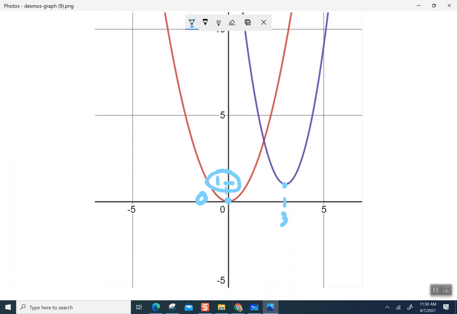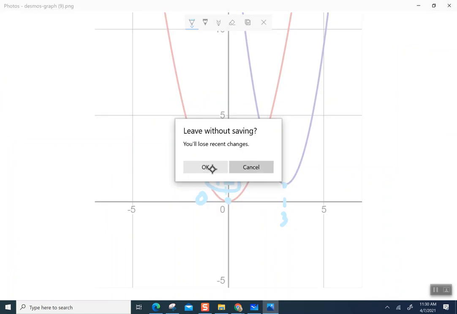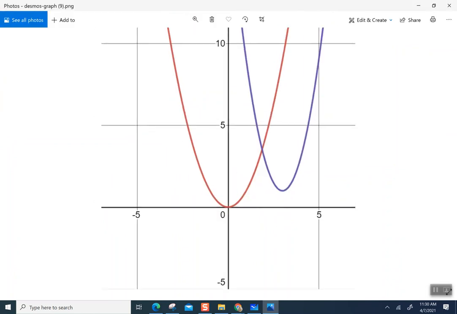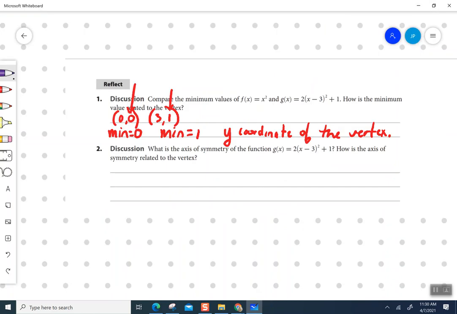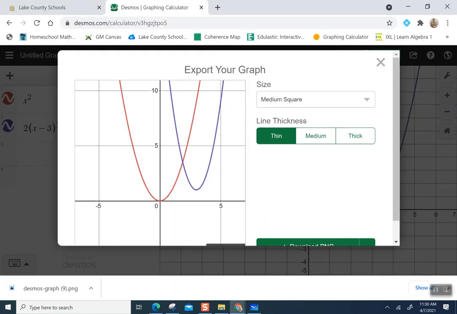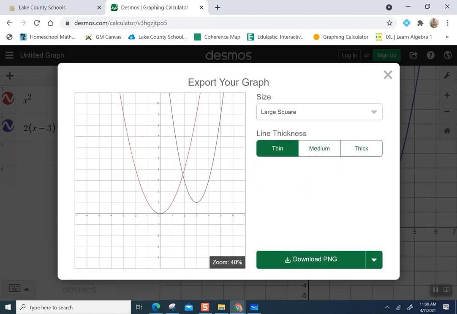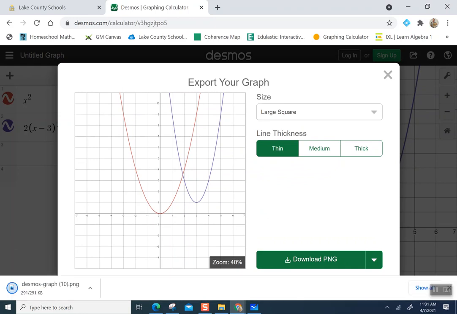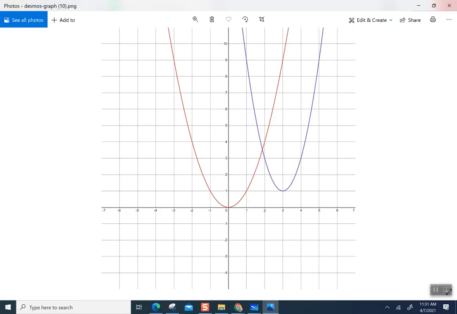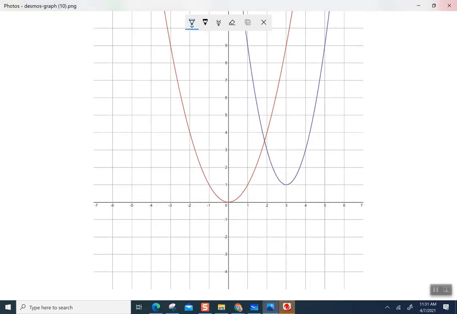This time I want a little nicer graph because you got to be able to see all the different little parts and pieces of it. So we're going to go back to Desmos, and this time I want a larger square. That's better, because I can see all the little pieces. Now I'm going to grab this guy, bring it down into Desmos, and now let's check this out.